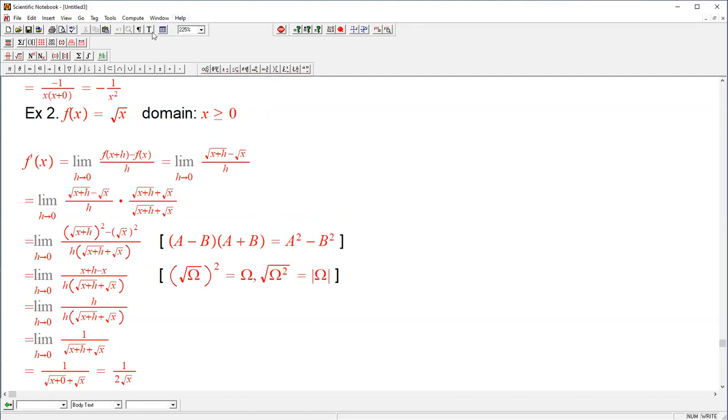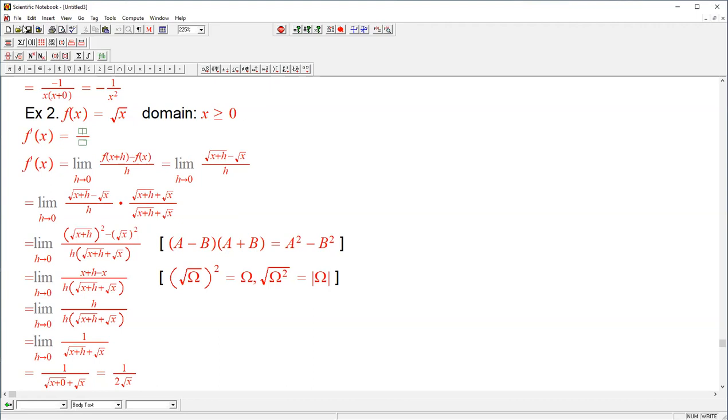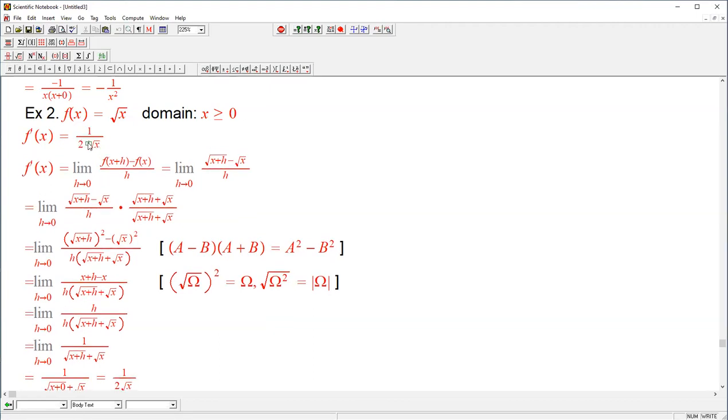And so the derivative of the square root of x is 1 over 2 times square root of x. Very, very commonly used.